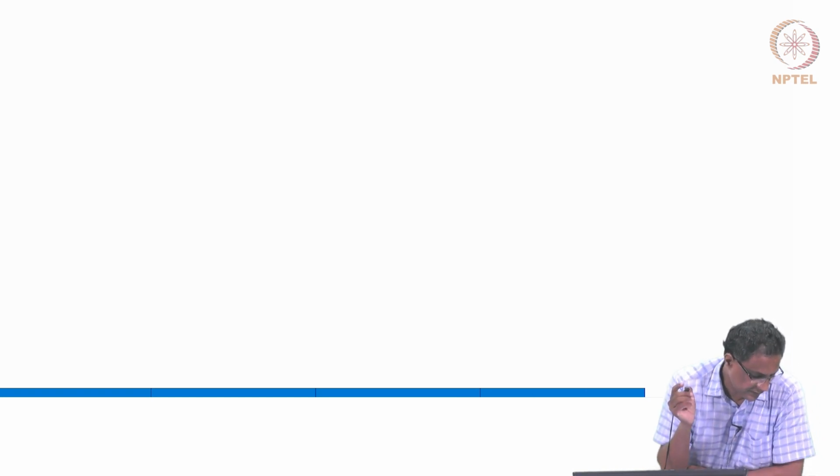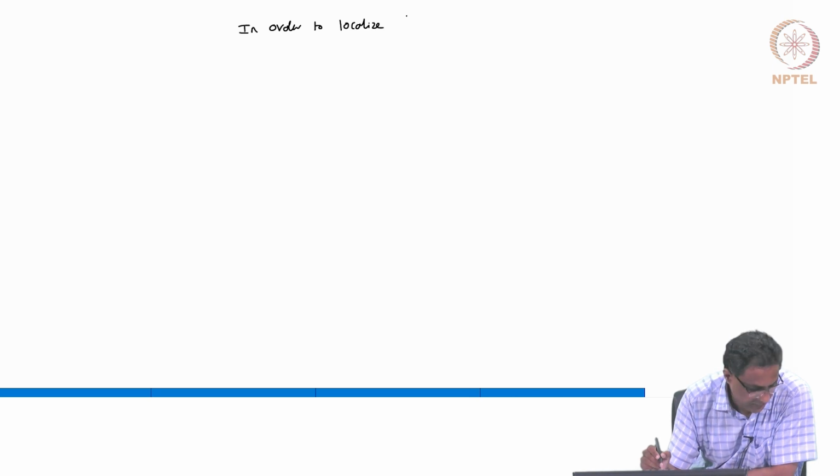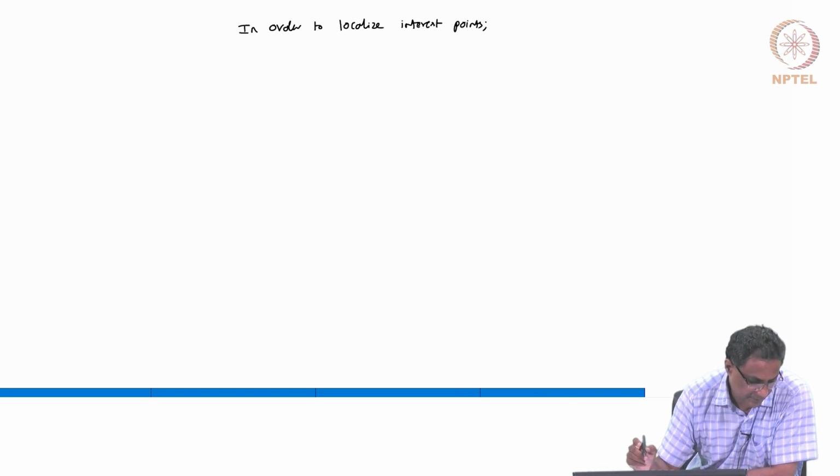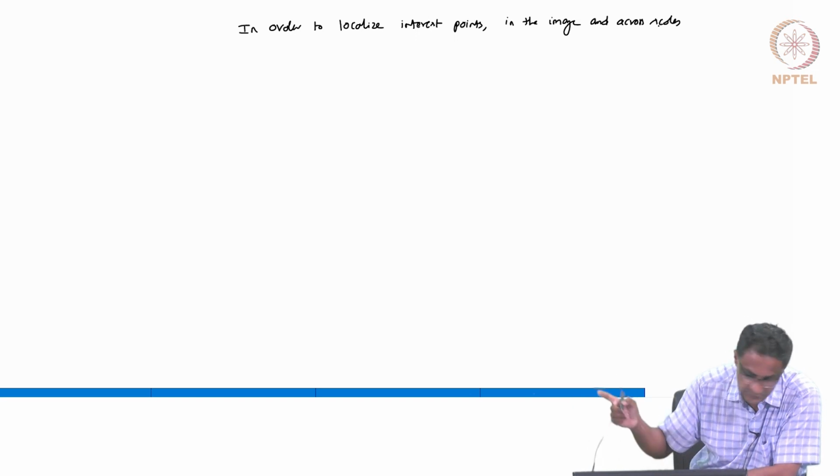In order to localize interest points, you have the strength at all the points. In the image and across scales, that means at that octave and across scales, as well as octave. Across scales actually typically means along the octave.